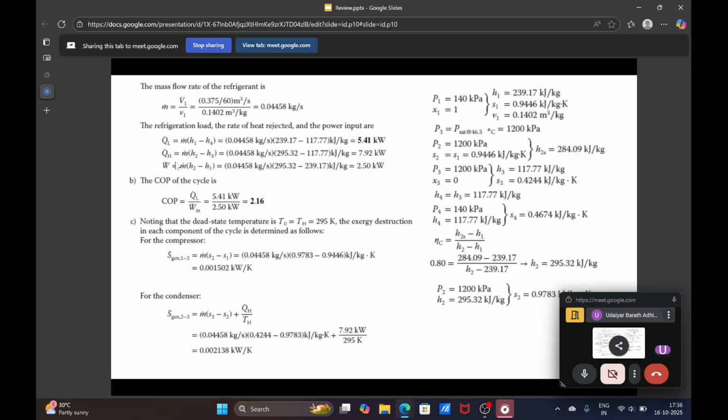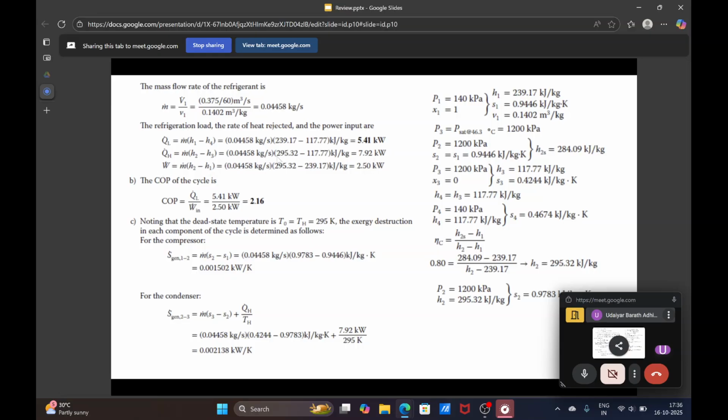Similarly, the heat rejected is m into H2 minus H3, which gives a value of 7.92 kilowatt rejected to the ambient. So the heat absorbed from the space which has to be cooled is 5.41 kilowatts, and the heat rejected to ambient is 7.92 kilowatts.